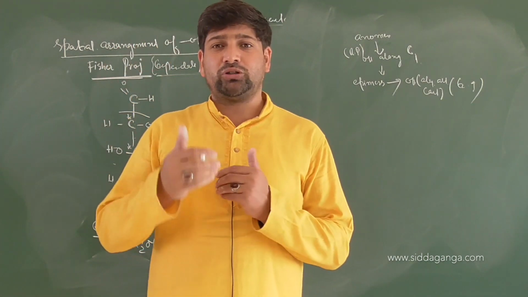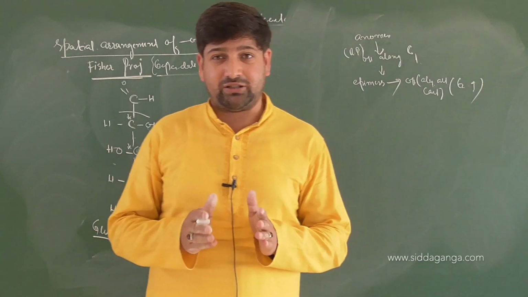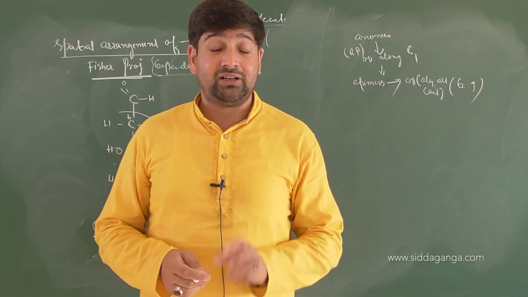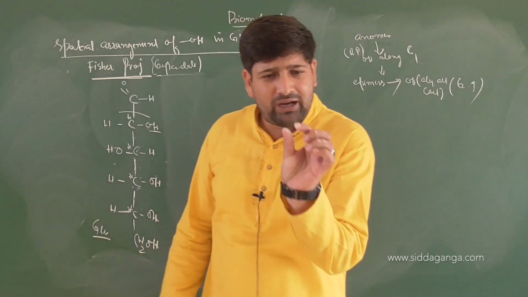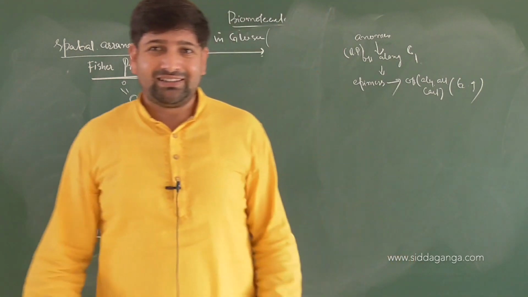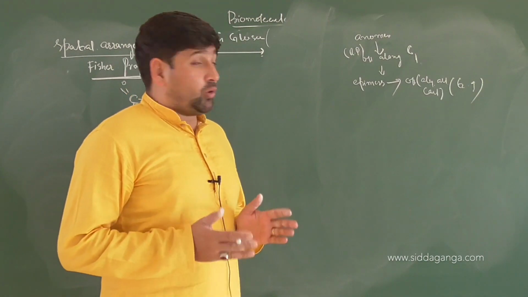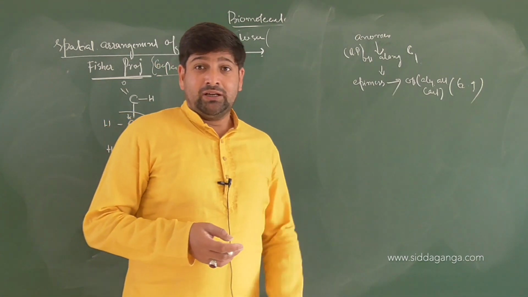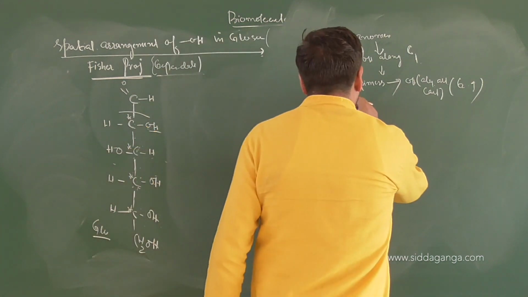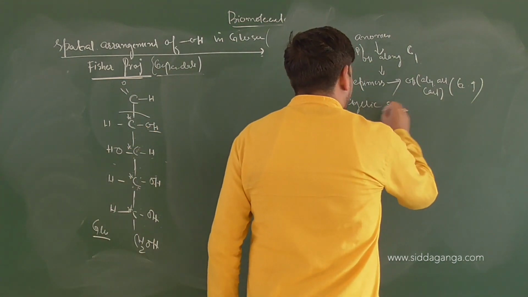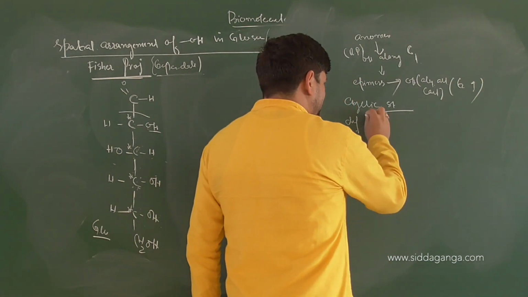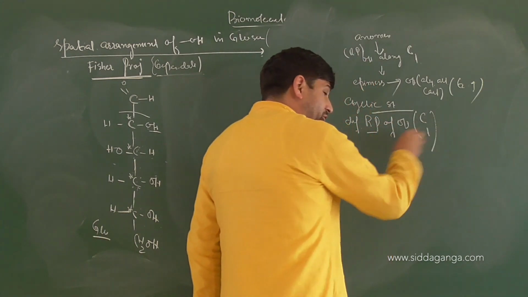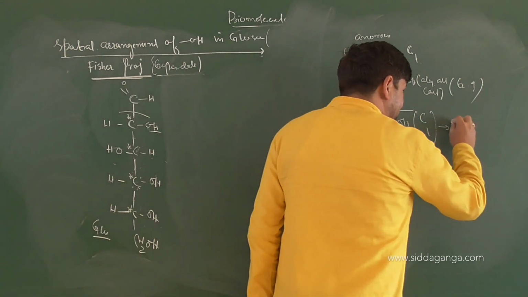Yes, some percentage is found in the open form, but there is always an equilibrium between closed and open forms, and the percentage of closed form is 99.9 to be precise, and there is only a very minute amount of open form available. Thus, in a cyclic structure, if there is a difference in the relative positions of OH along carbon number 1, the two isomers will be called anomers.